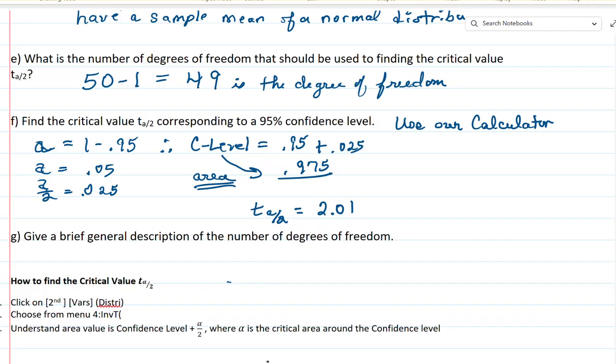All right. Give a brief general description of the number of degrees of freedom. All right. So the number of degrees of freedom from the sample data is the number of sample values that can vary.